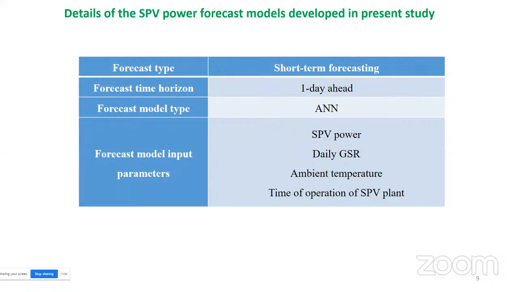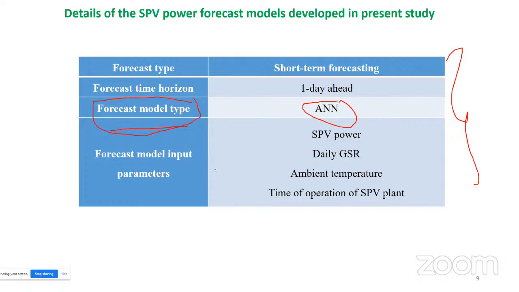Right. Now, the same analysis I told you about, we have to define what the inputs are, what the time origin is, and what type of model we are implementing. I am implementing it using ANN as the forecasting model type. Someone asked me whether ANN is a model type to be used for renewables.